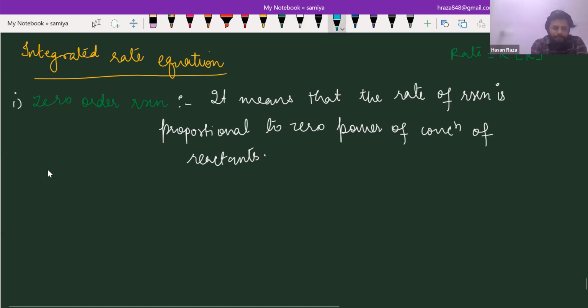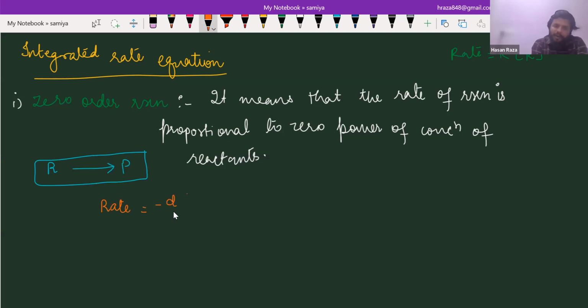Just take an example. If R is the reactant and R is converting into P, and if I'm going to write the rate of reaction, I can write rate will be equal to minus d[R] upon dt. Srivarshini, are you aware of this? If you are not aware of this, see what is rate? Rate is basically change in concentration upon change in time taken, and this concentration can be of reactant or product.